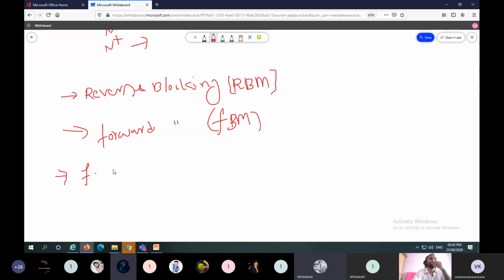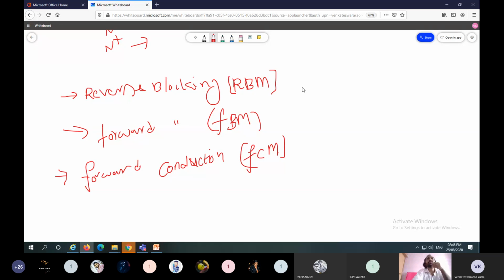FCM. So during reverse blocking mode, the SCR acts as on switch or off switch?